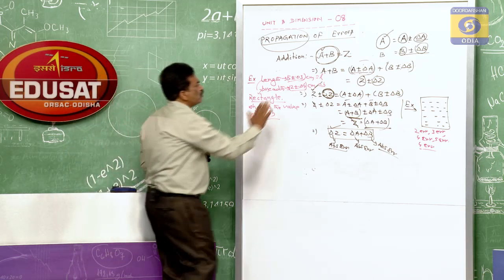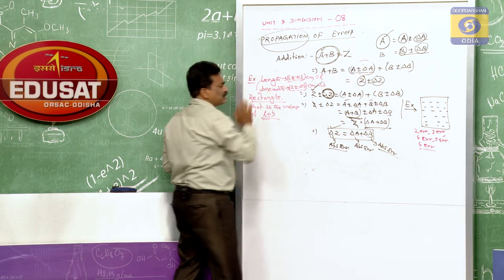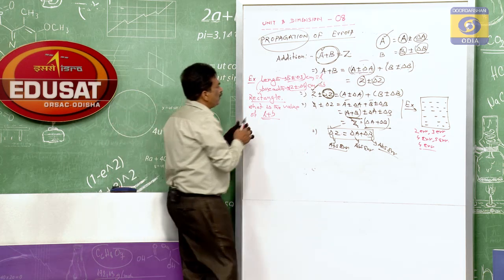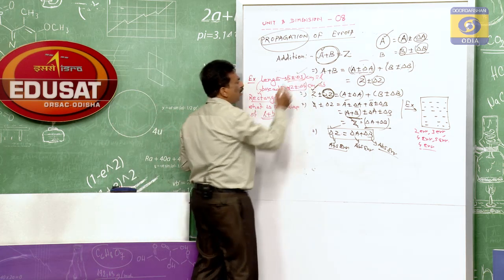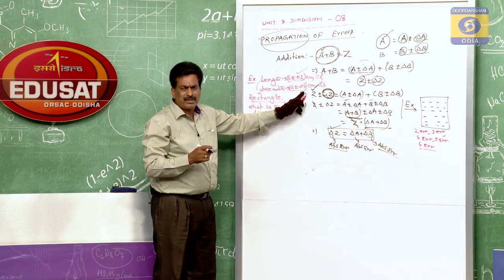So, if there is no error, then we can say that if L is 5 and breadth B is 2, then what is L plus B? That is 7. So, what will be the result? This is not the true one, because both are true with absolute error.